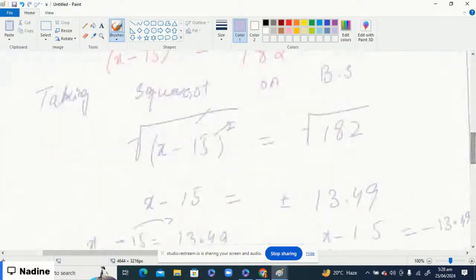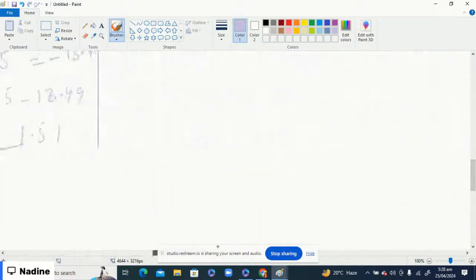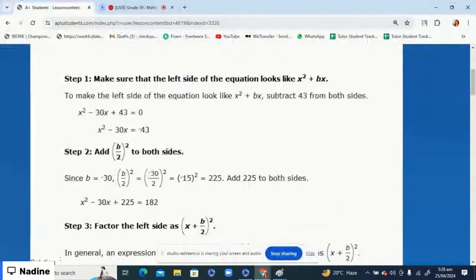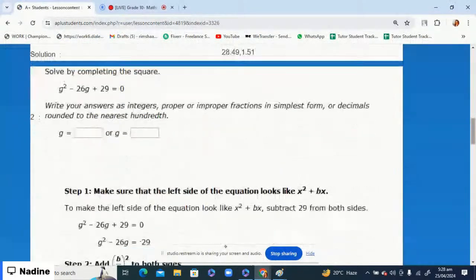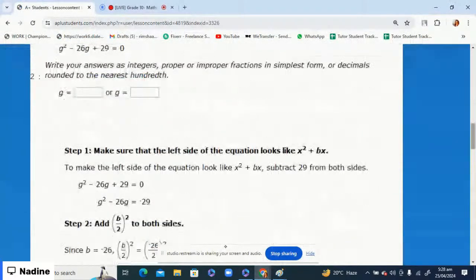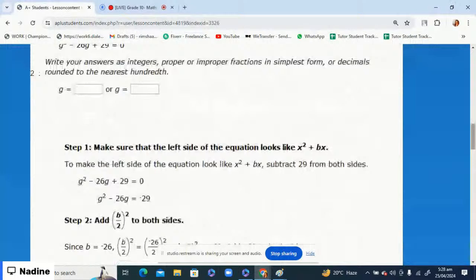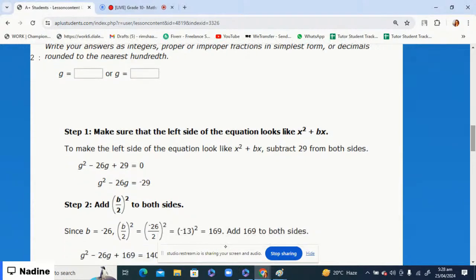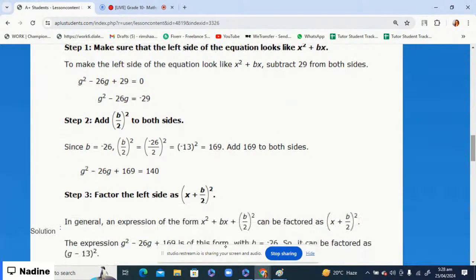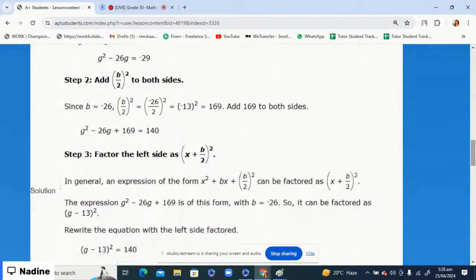Okay, let's solve one more question, then you will be more clear. So here is the question: g square minus 26g plus 29. First we are using all the same method.